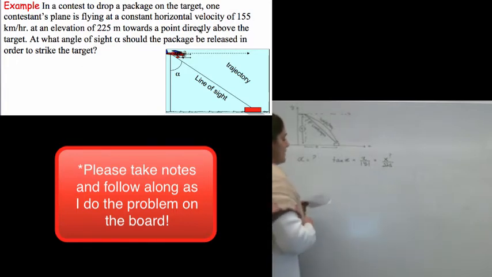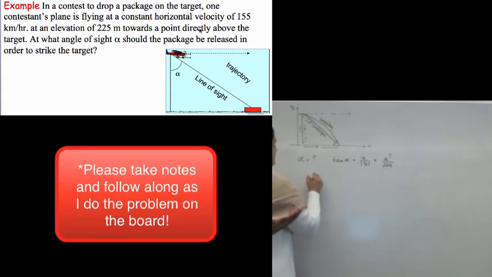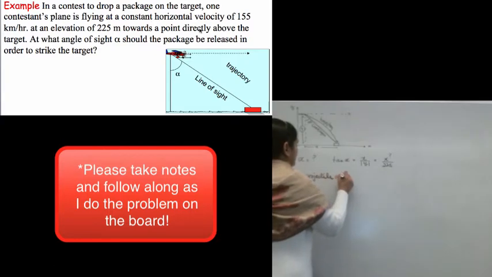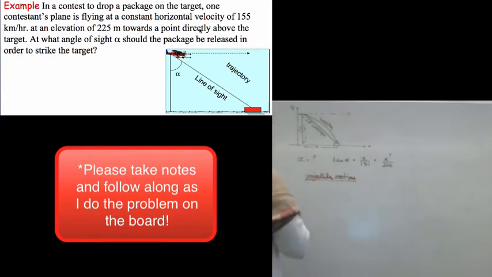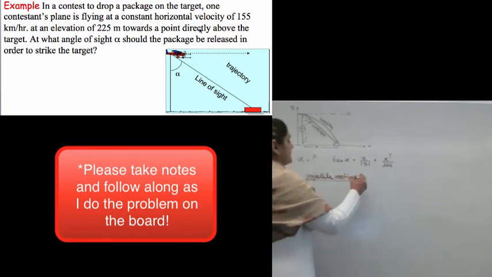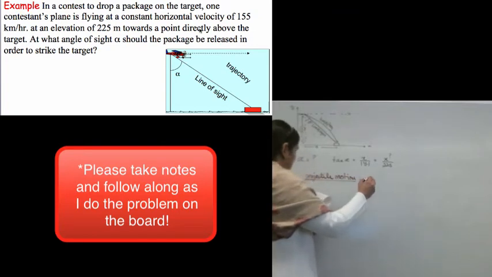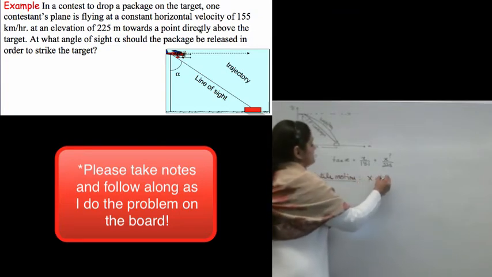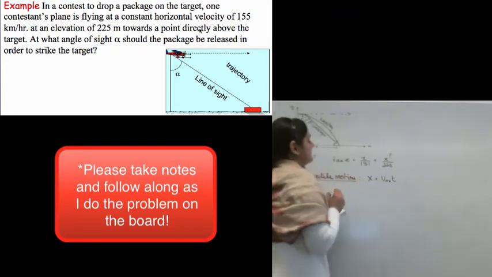So what do we know? We know that in a projectile motion, x equals v naught x times t.